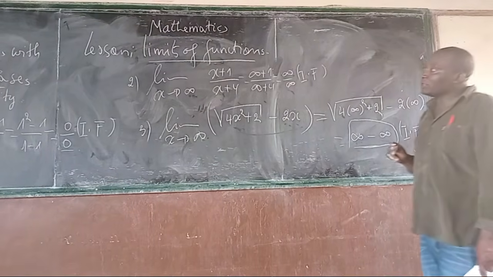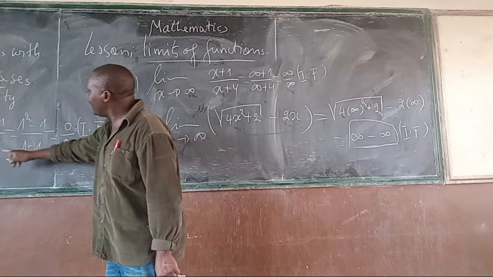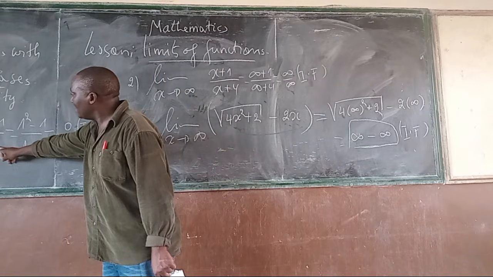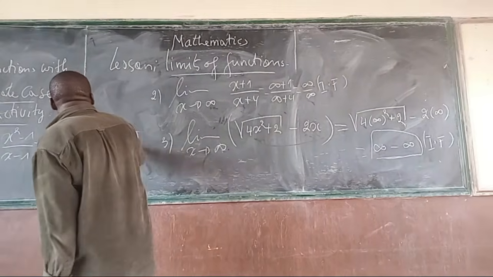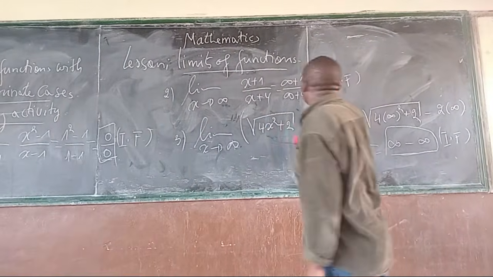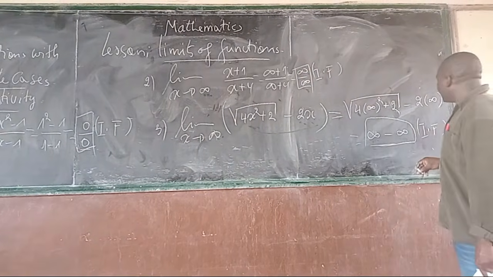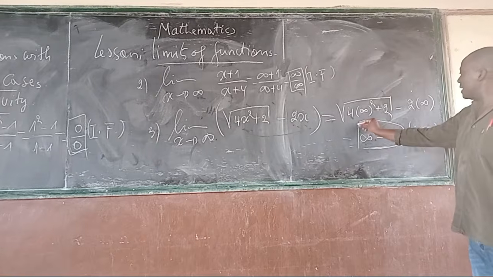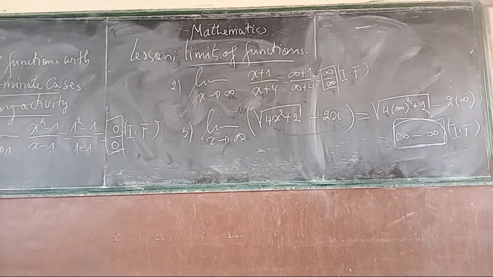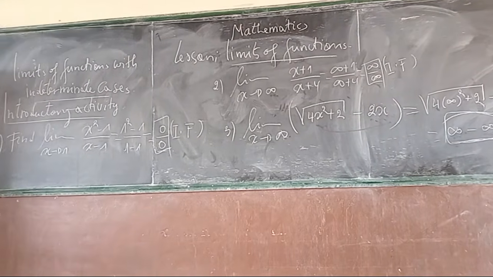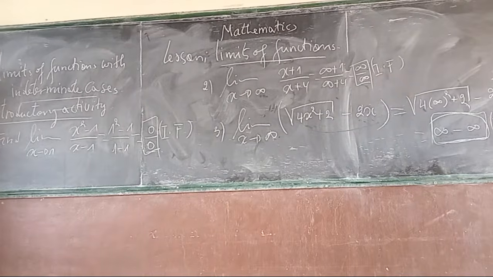Teachers, as you see from activity number 1, I replaced x with 1 in my given function, and I got this value 0 out of 0, and at the second, infinity out of infinity, and at the third one I got infinity minus another infinity. Those are good examples of indeterminate form.